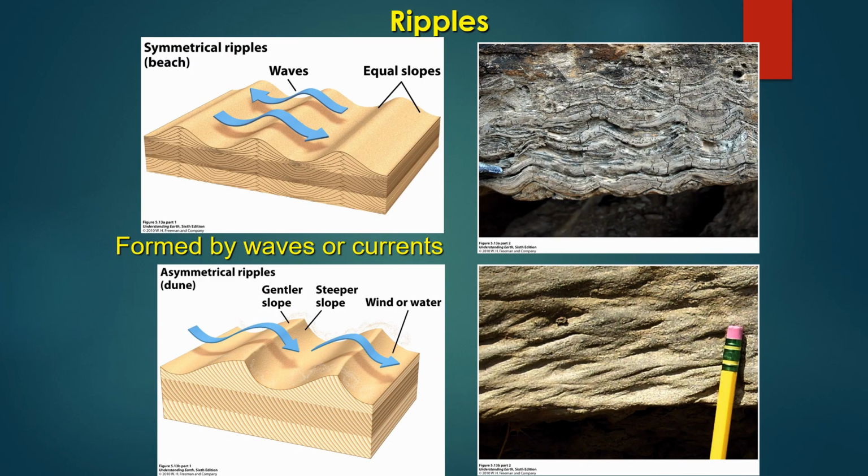Another structure similar to cross-beddings is ripples. Ripples are formed in unidirectional flow from rivers, but ripples are on a smaller scale, in millimeters to centimeters, while cross-beddings could be in tens of meters. Ripples are an indicator of rivers.